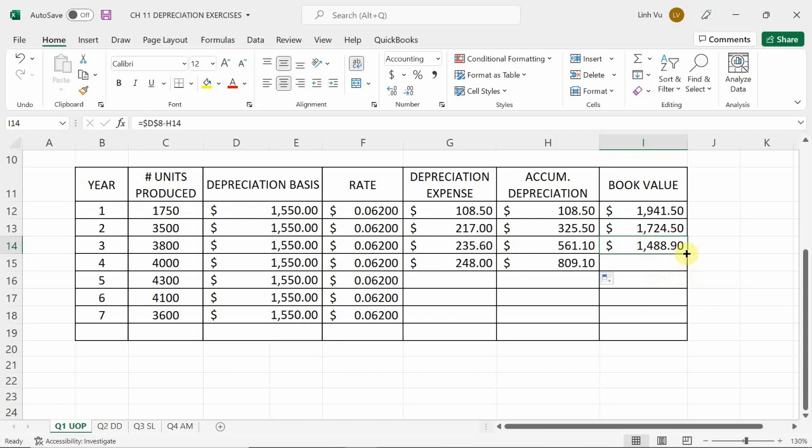Okay. Now we minus the 2050.00 minus 809.1. I got 1241.5.